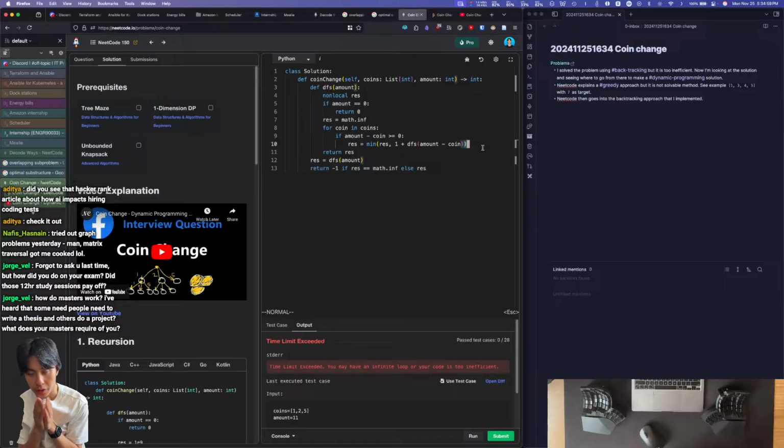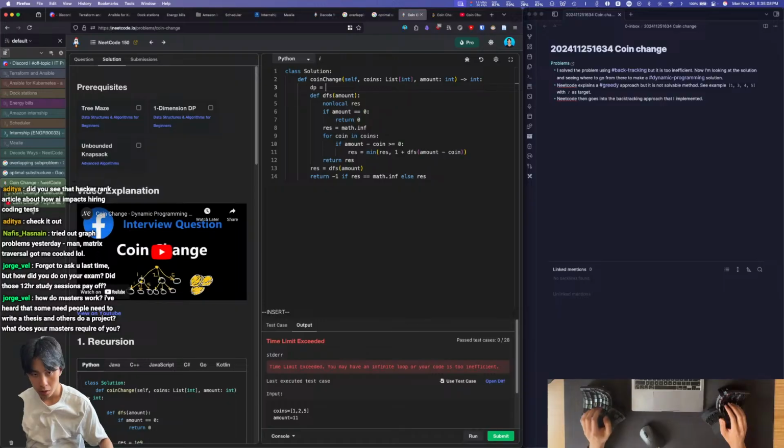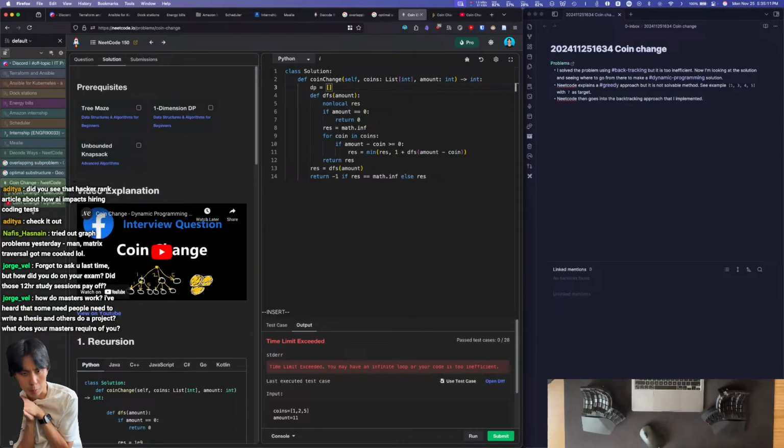And then you convert to a DP problem by keeping track of a DP. Do you know your potential domain of the DP? 0, 1, 2, 3, 4, 5, 6, 7. Yeah. At most, it's the amount.